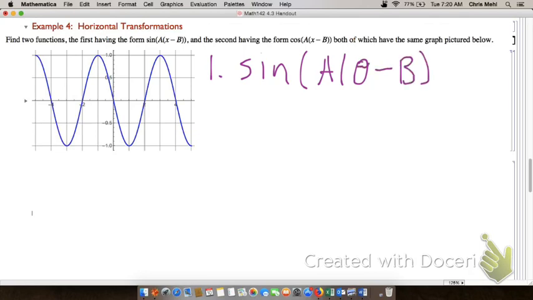Okay. So a couple things we'll have to do is, first, if we're going to try and find a form sine of a times, I'm going to change the notation. So instead of using x as the independent variable, I'll use theta. Okay.